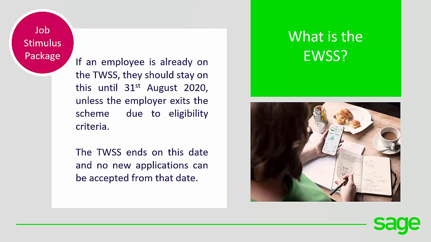If an employee is already on the TWSS, they should stay on this until the 31st of August 2020, unless the employer exits the scheme due to eligibility criteria. The TWSS ends on this date and no new applications can be accepted from that date.